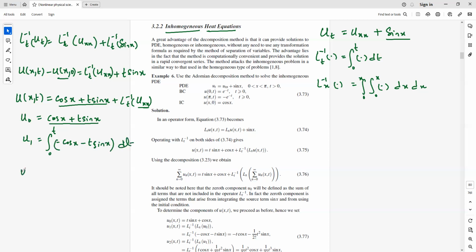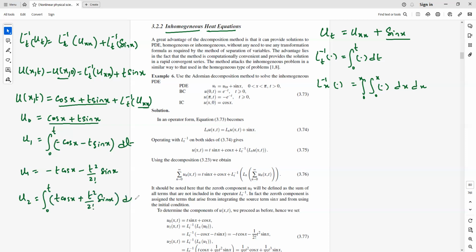Now we can integrate this, so we get negative t cos x minus t squared over 2 factorial sine x. Similarly for u_2, we have to differentiate this function again twice, so we get t cosine x plus t squared over 2 factorial sine x.